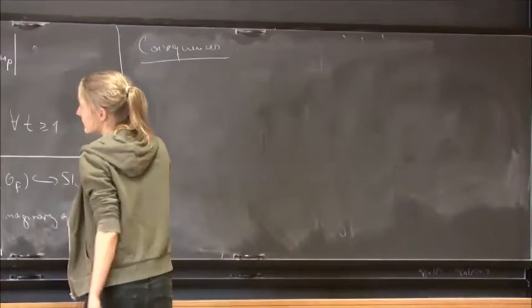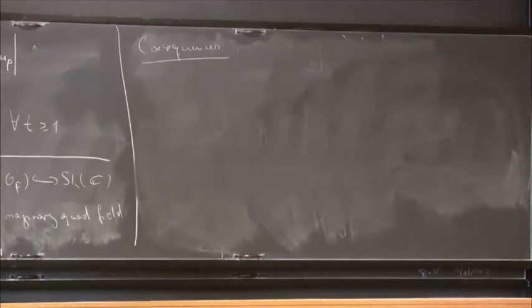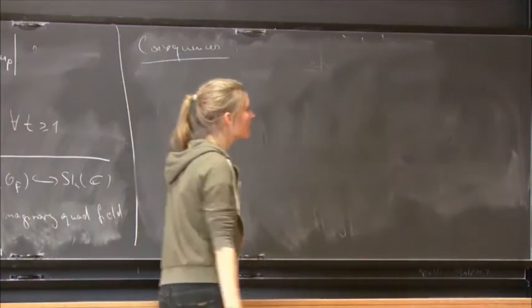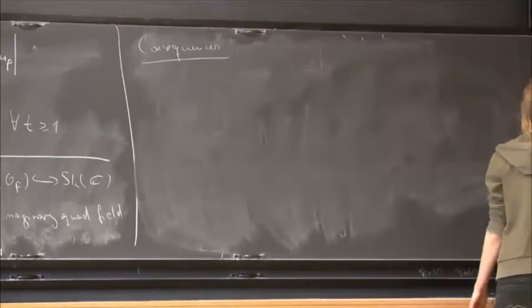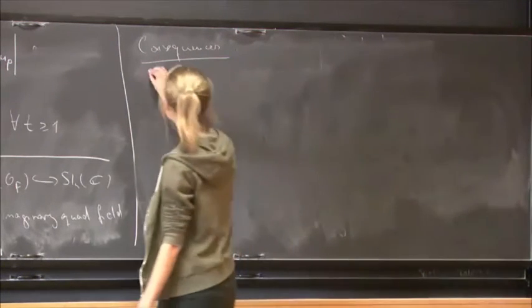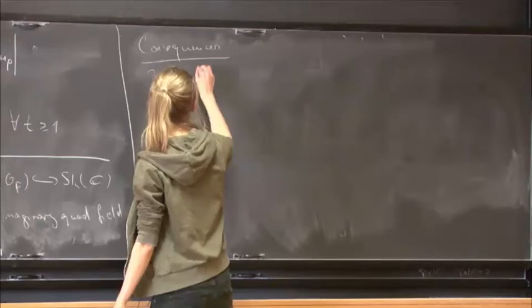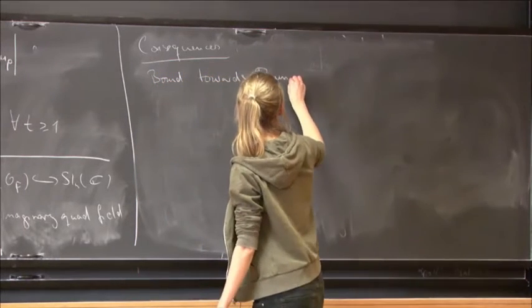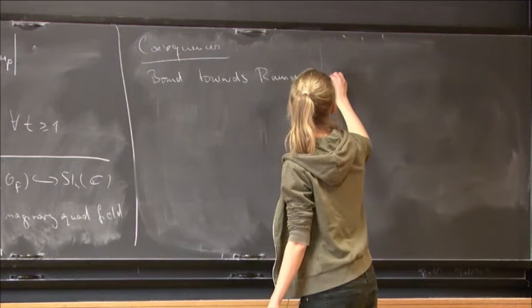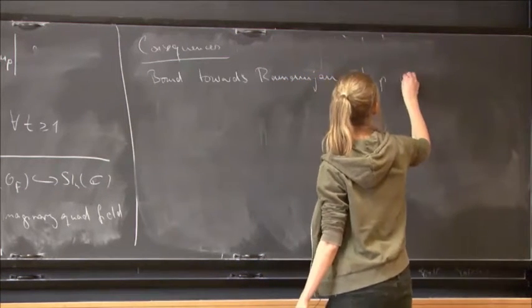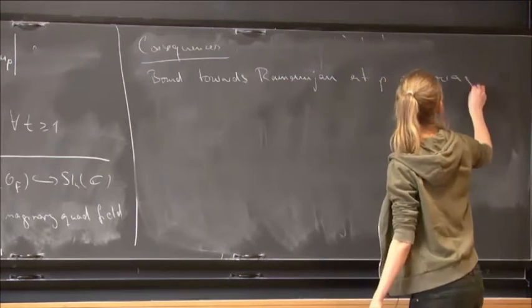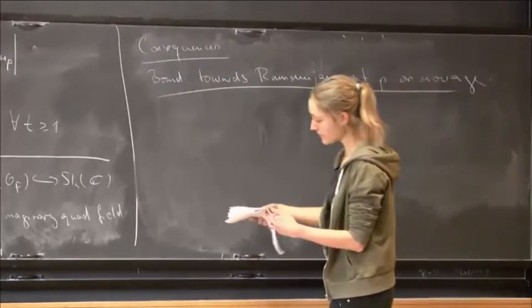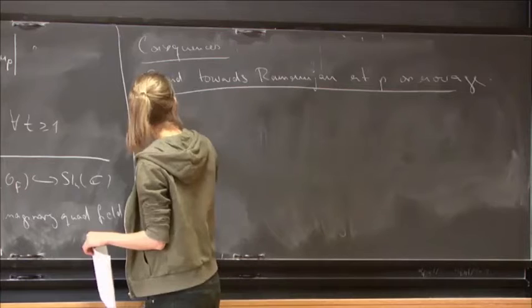So first of all, we can give a bound towards the Ramanujan conjecture at p on average. More precisely, we can say the following.